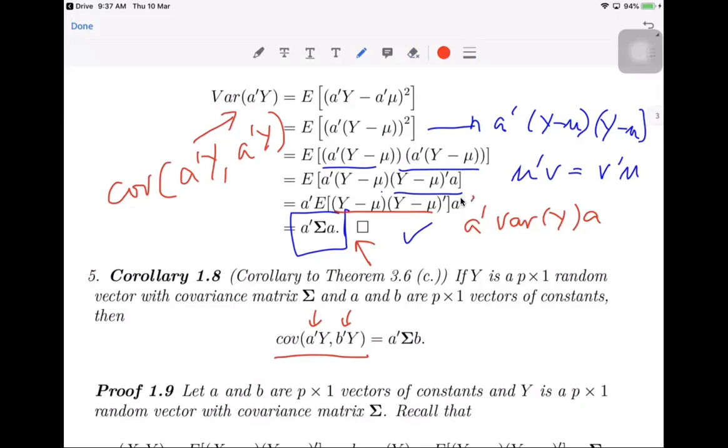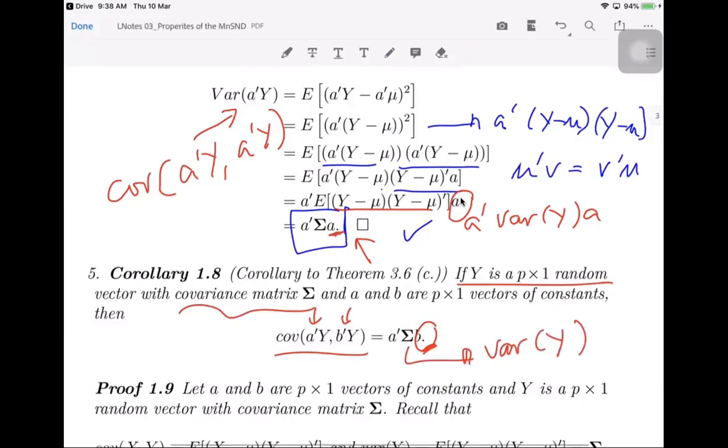So instead of a here, it will be equal to b there. And again, this term here is the variance of y. This is the covariance matrix of y. So let y be a p by 1 random vector with covariance matrix sigma, and a and b are p by 1 vectors of constants. Then instead of having a there, you will have b there.